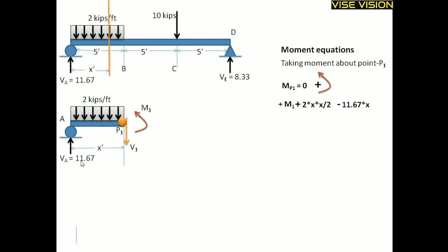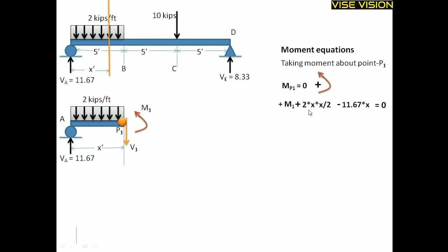And 11.67 into x is the moment value; this 11.67 creates a clockwise moment about point P1, so it is taken as negative. The sum is equal to 0 because the summation of all the moments equals 0.